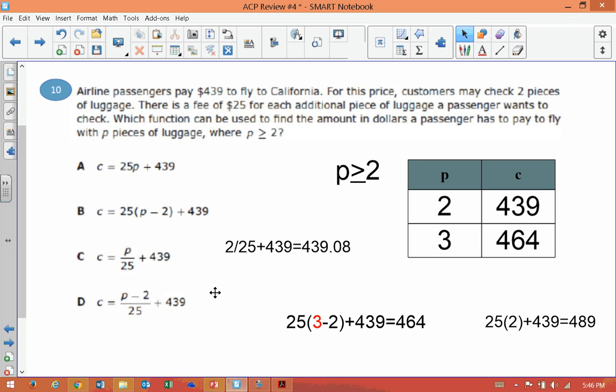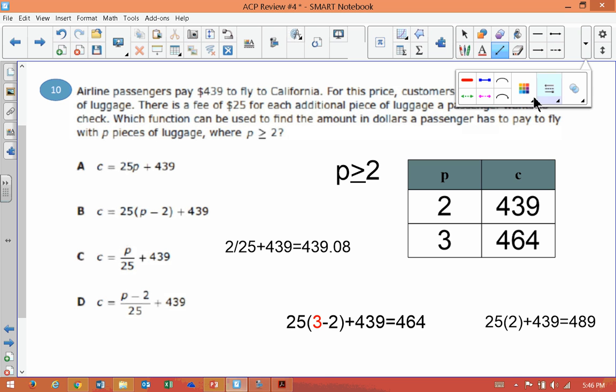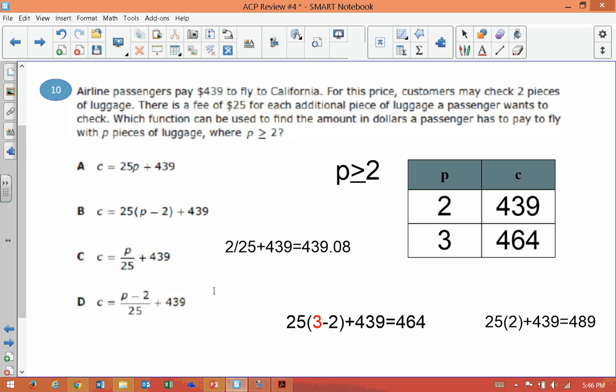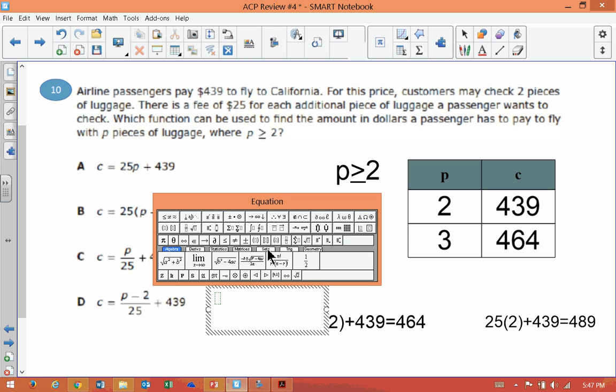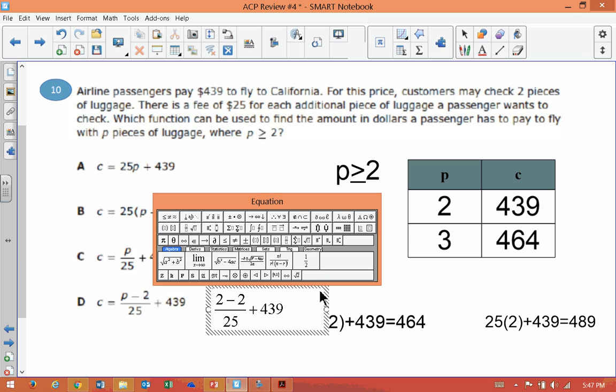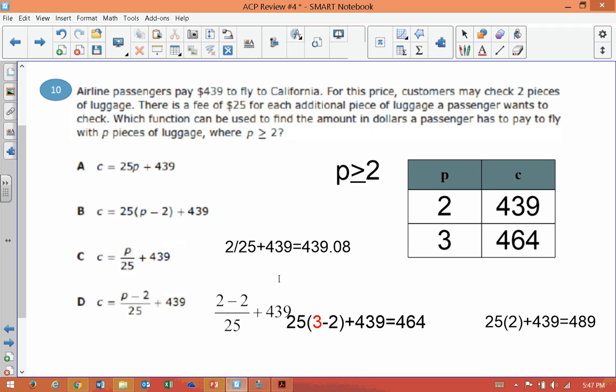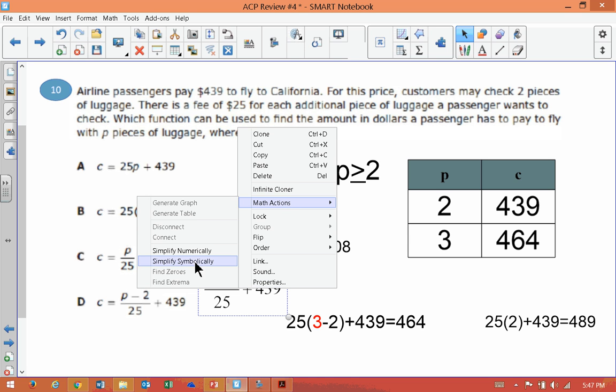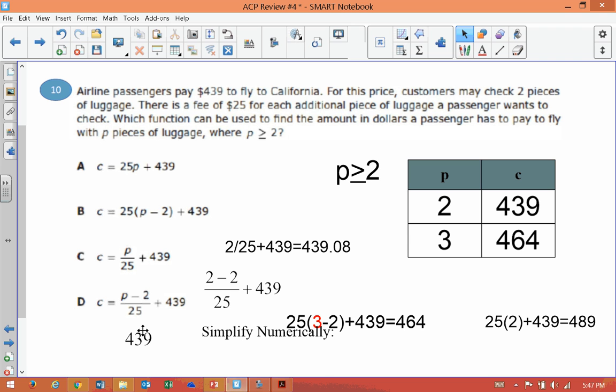That appears to work because 0 plus 439 is 439. So yes, 2 minus 2 over 25 plus 439 is clearly equal to 439.